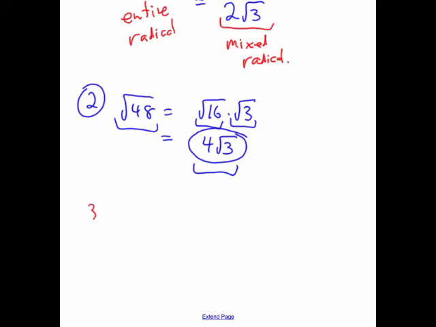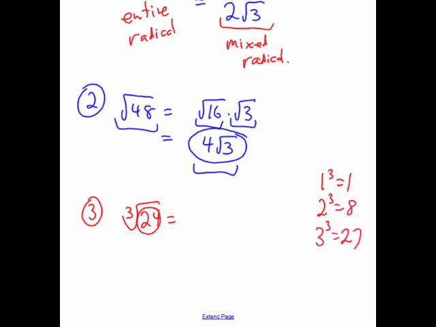We can do this simplification process with any index. So let's take the cube root of 24. This time I would be thinking of the largest perfect cube that divides into 24, keeping in mind that my perfect cubes are 1, 8, 27. They get big pretty fast. Do any of these numbers divide into 24?